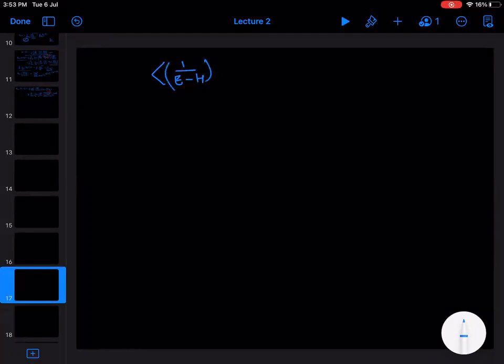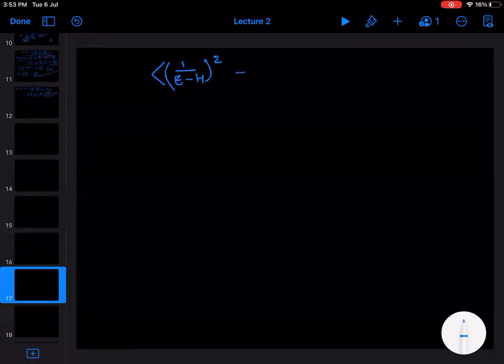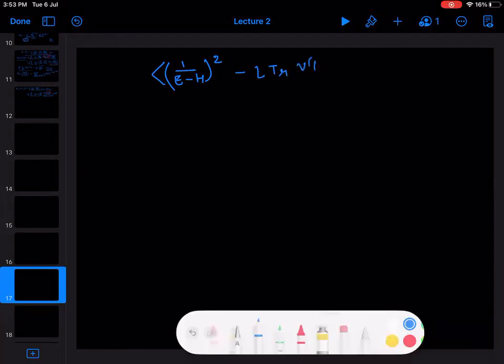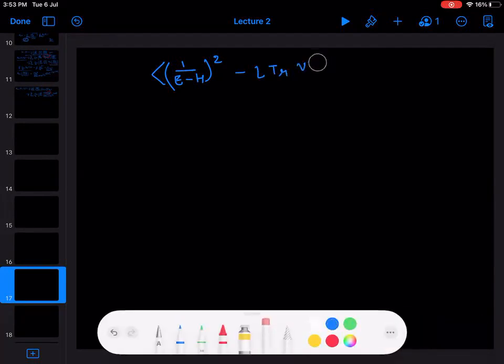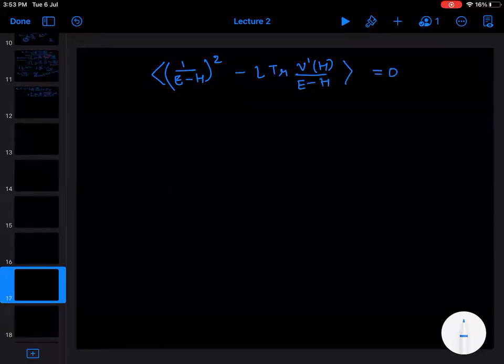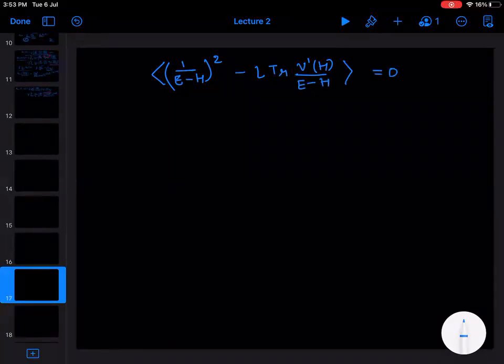I'm just putting the expression of the resolvent. And what we're going to do is we are again going to do a genus expansion.